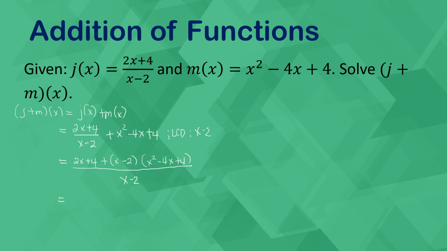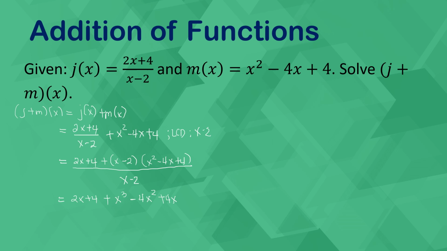So we multiply these terms. Okay, so we copy first 2x plus 4 plus x squared times x is x cubed, x squared times negative 4x is negative 4x squared, and x times 4 is 4x.